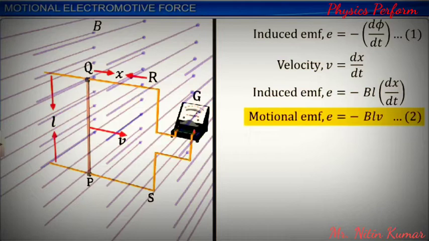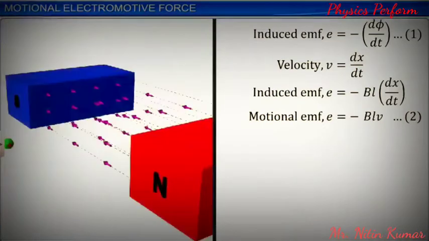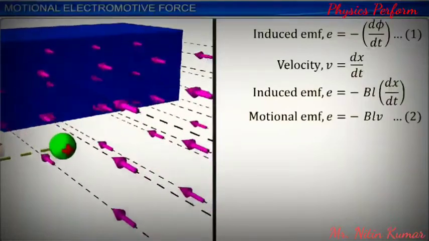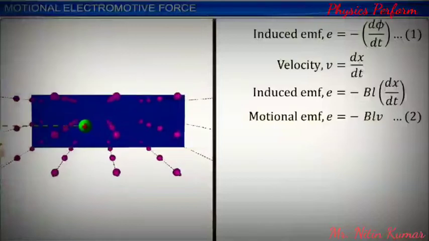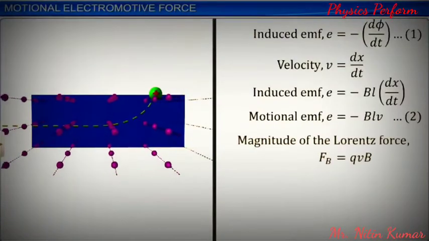The concept of motional EMF can also be explained by using the Lorentz force acting on the free charge carriers of conductor PQ. We know that when a charge Q enters perpendicular to a uniform magnetic field of induction B, then the Lorentz force on the charge, FB, is equal to QVB.